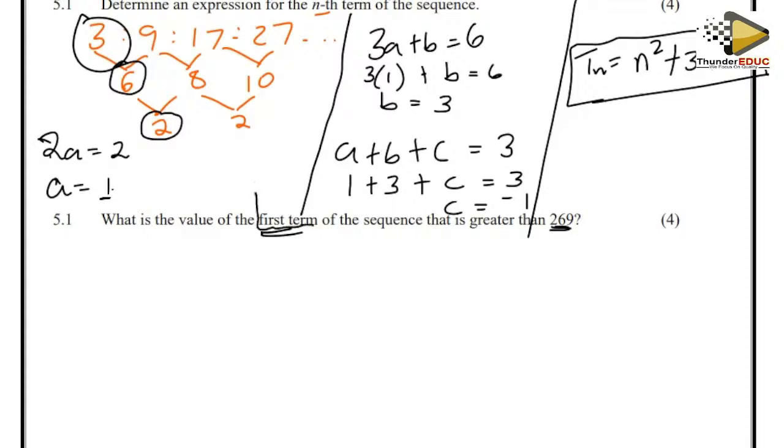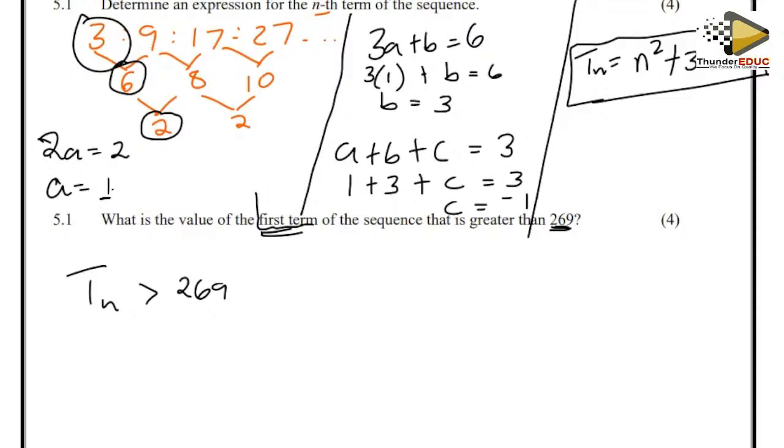We're going to have quite a lot of terms that are greater than 269, but what will be the first value? So what we can do is find at what point the terms will be greater than 269. I'm going to get the nth term, indicate greater than 269, and then solve for this and determine the n value. That n value will represent approximately the value of what I'm looking for.